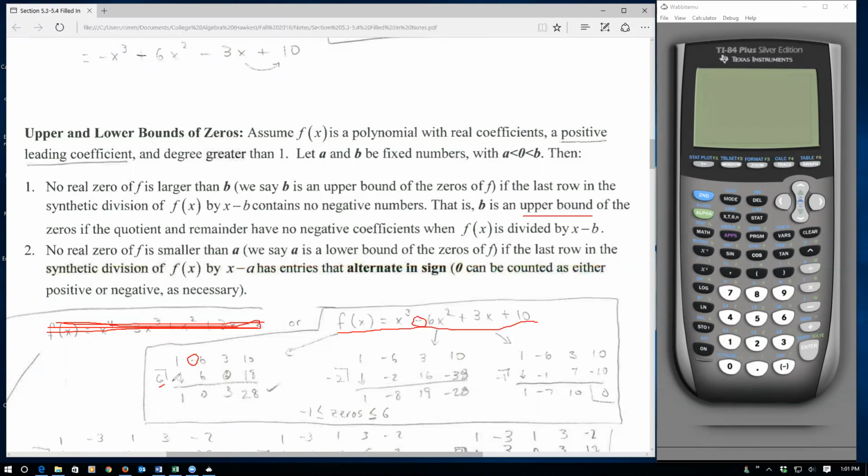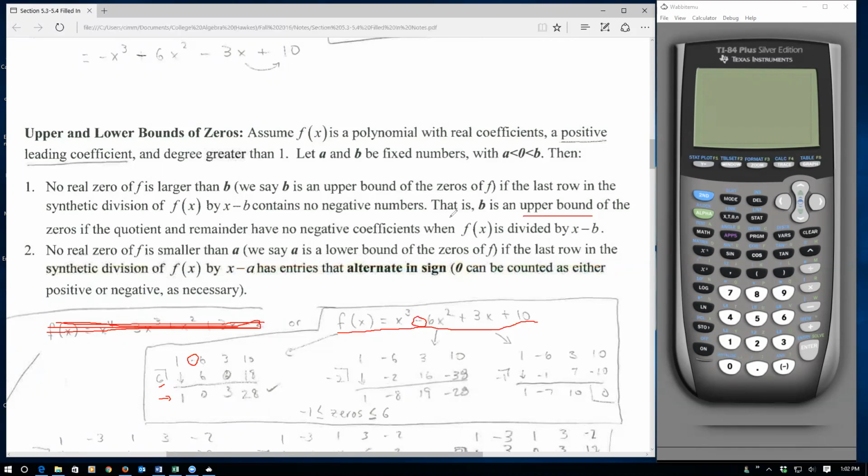If I chose anything smaller than that, I'm going to still have a negative there. That's not what I want. If I chose anything bigger than that, I would have an upper bound, but it wouldn't be the smallest one. So I go ahead and divide. I bring down 1, multiply, get 6, add, get 0, multiply, get 0, add, get 3, multiply, get 18, and add and get 28.